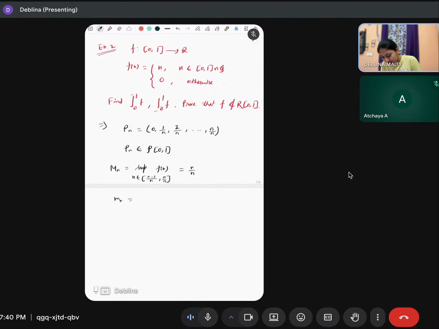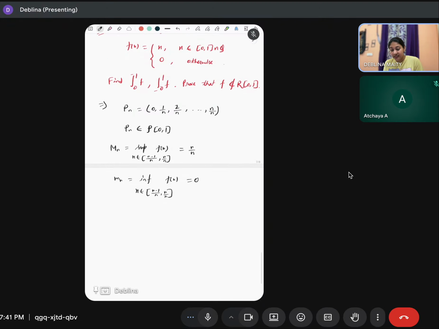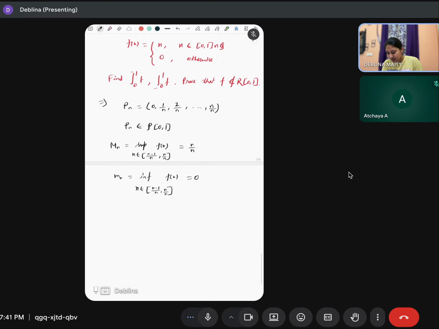And small mr is the infimum of f(x) when x belongs to this interval (r minus 1) by n to r by n. So the infimum value will be 0, because in rationals it is positive and in irrationals it is 0. So the infimum will always be 0 in each of the subintervals, right?